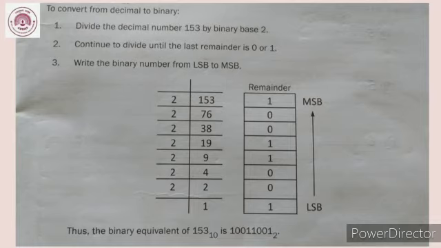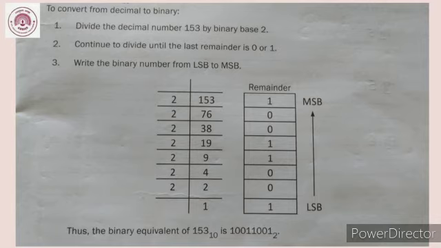So you get 2 4s are 8. So 9 minus 8 is 1. You get a remainder. Write this one in the remainder box. Now divide 4 by 2. So 2 2s are 4. There is no remainder. Write 0. Again divide this 2 by 2. So 2 1s are 2. No remainder. We will write a 0.